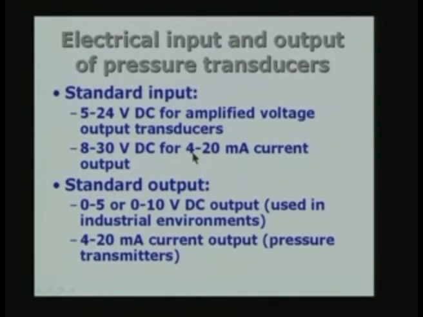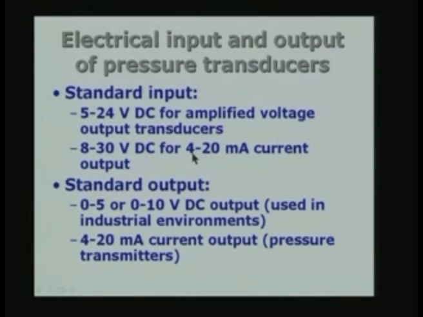If the current output of the instrument at the transducer is 4 milliampere, it corresponds to 0, or the minimum value of the pressure or whatever process parameter we are measuring. 20 milliamperes will correspond to the largest value which you can measure with that instrument. So, 20 milliampere is the maximum, 4 milliampere will be the minimum, and if the output current is 0, that means there is damage to the instrument, that means there is some problem with the instrument.